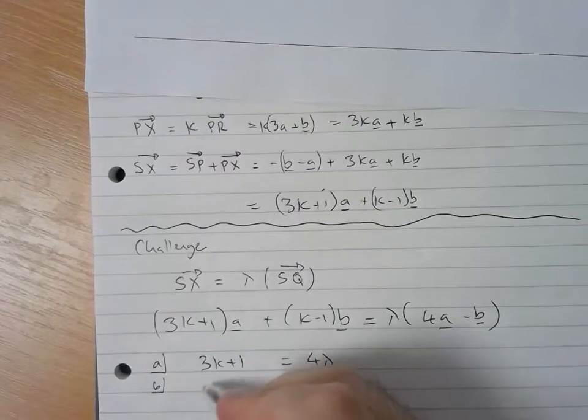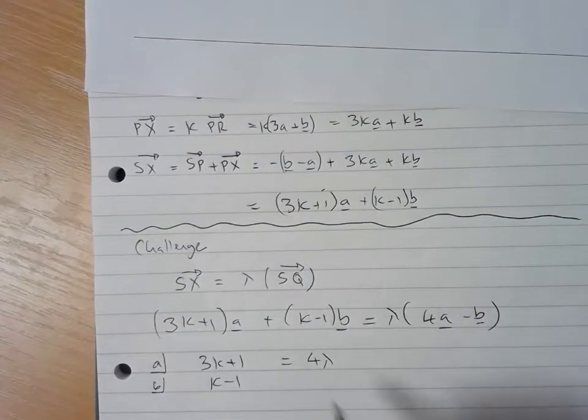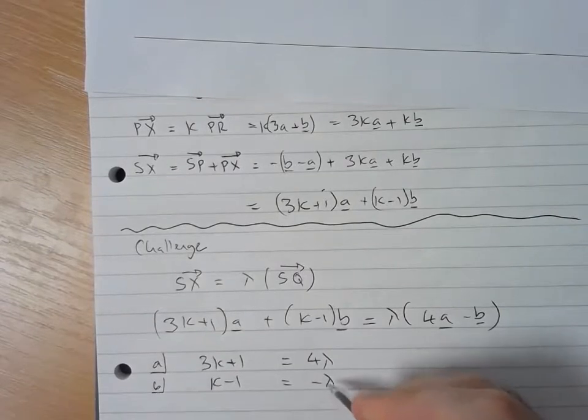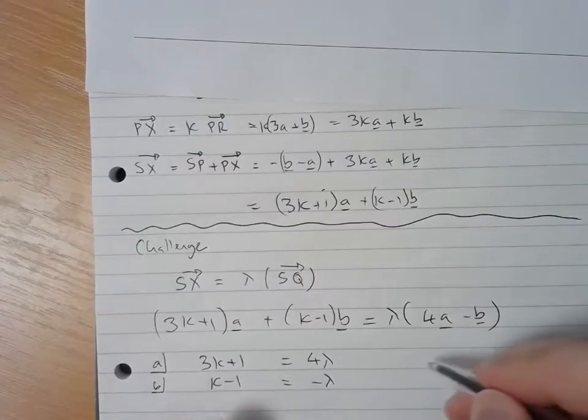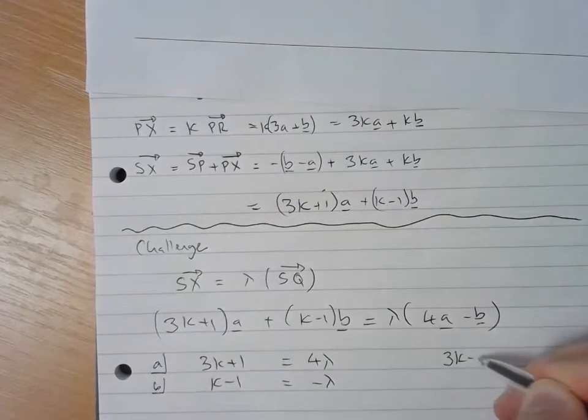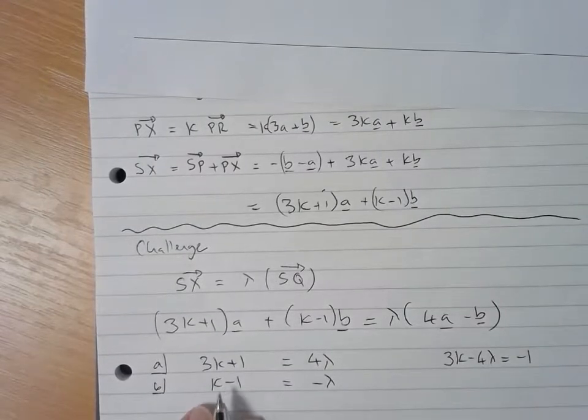So we get K minus 1 on this side, and on here we've got minus lambda. I'm going to simplify these so they're a little easier to solve. So we have 3K minus 4 lambda equals minus 1, and on here we've got K plus lambda equals 1.